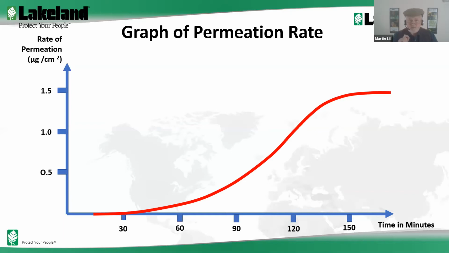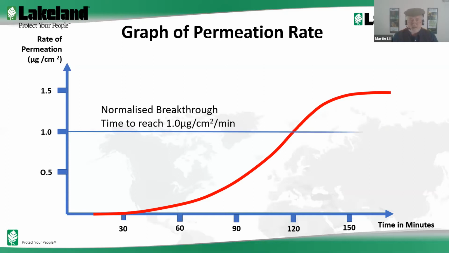Now, remember we said that we measure the breakthrough in that test at the speed of 1 microgram per centimeter squared per minute, which is where we get our breakthrough of 120 minutes in this case. So most people are saying, okay, well, the breakthrough is 120 minutes, so I'm safe for 120 minutes. But look, the first breakthrough, the point where the chemical first started permeating through the fabric, was identified at 30 minutes.